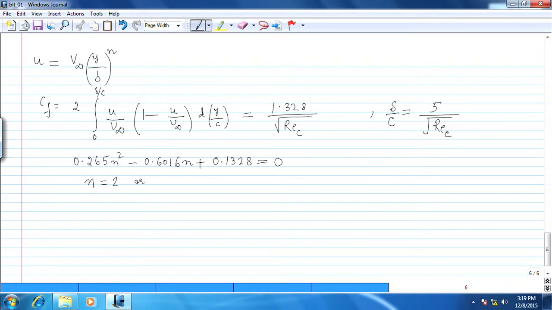I will write it when I can. So n is equal to 2 or n is equal to 0.25. Now I can draw the velocity profile for two cases, one for 2 and one for 0.25, right.